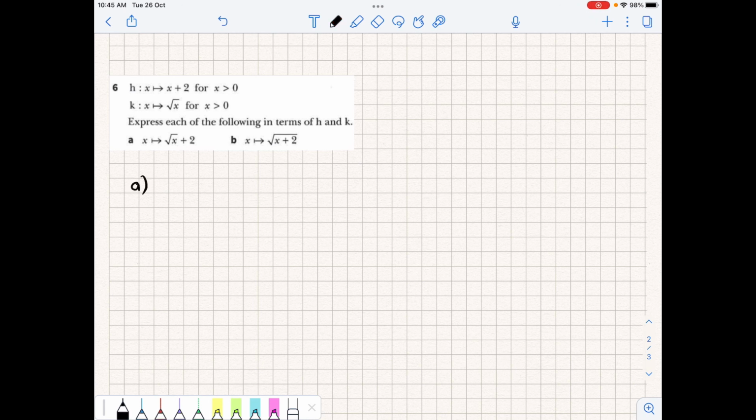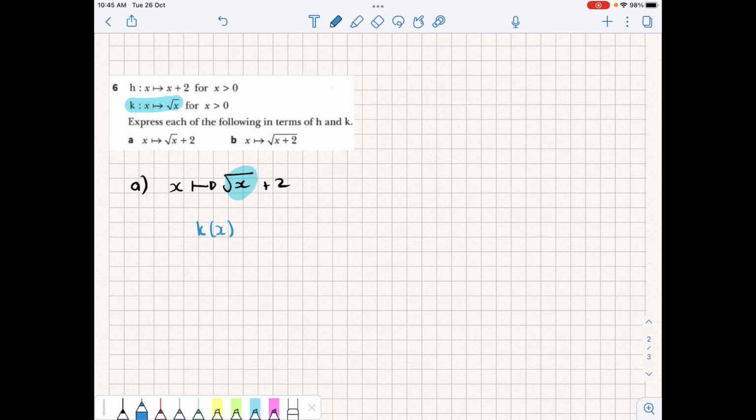Okay, so A, the result is x is mapped onto square root x plus 2. So you can see the first thing that's happening to x is it's being squared. Right, so if we go have a look at our functions, the function that squares first is k of x. So the first thing that's happening in this function is k of x.